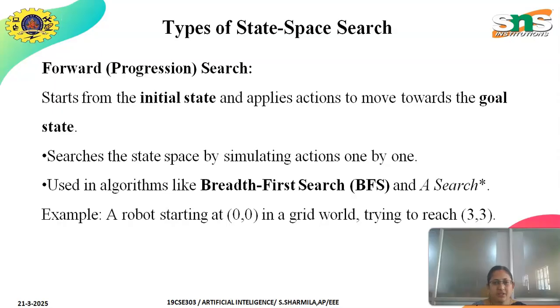For example, consider a robot starting at 0, 0 in a grid world and trying to reach a goal in a 3x3 grid. The movement includes upward, downward, right or left directions.